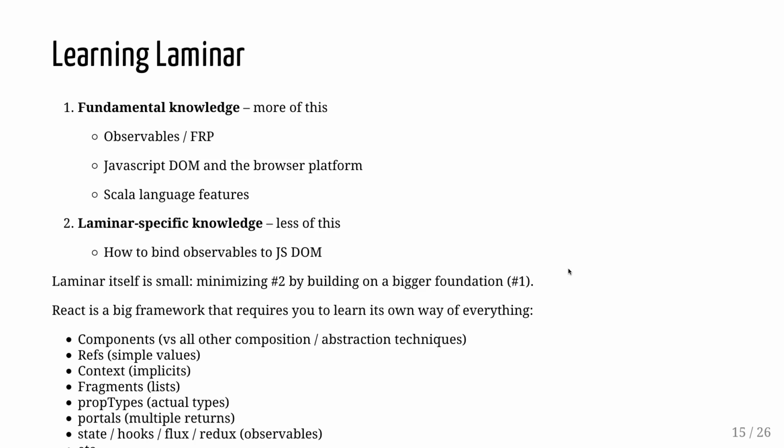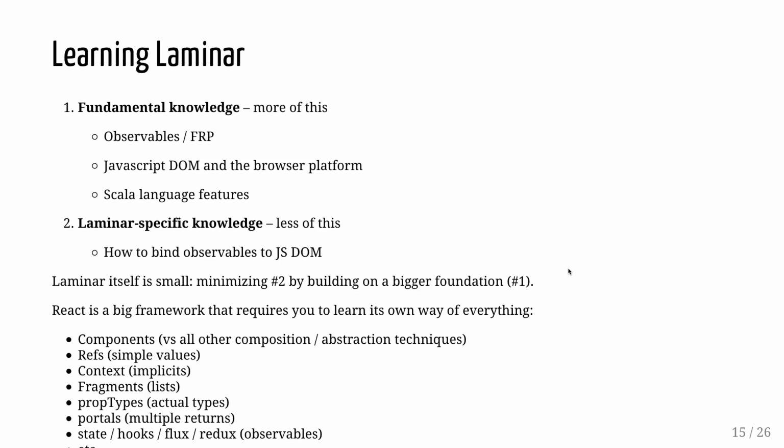This is the kind of knowledge that you will be building up when learning Laminar, and it is not specific to Laminar in any way. It will stay with you when you go on to work in other UI libraries or even on the backend. It is universally useful. And this is really the goal of Laminar: to minimize the core by building on a bigger but still reasonably sized foundation of this fundamental knowledge.